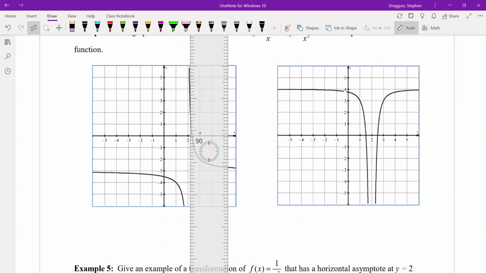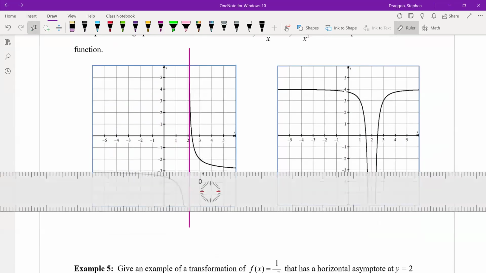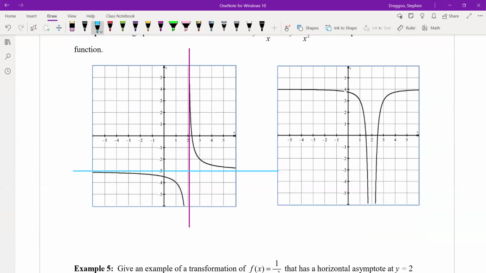So if I take a look at this first one, it's got a vertical asymptote here and a horizontal asymptote right here. I can just look at the graph and figure out where those asymptotes are. That horizontal asymptote was at y equals -3, while the vertical one is at x equals 2.